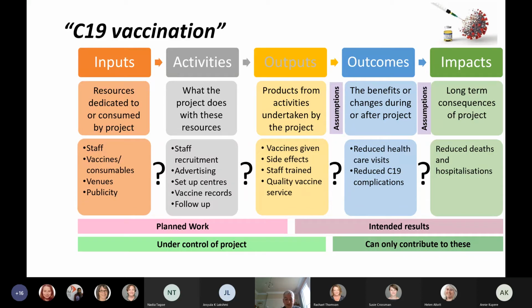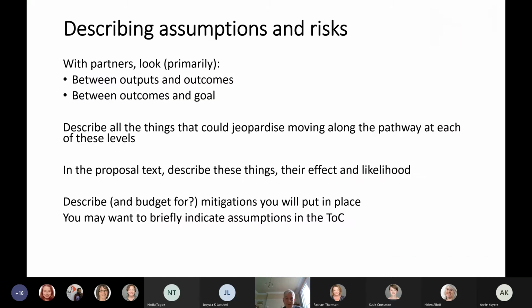So there are some assumptions, and I mentioned this earlier. Let's talk a little bit about assumptions. It's really important to think about assumptions, because nobody's project goes right. A lot of things are out of your control, particularly if it's a big project over 4 or 5 years with many partners in different sites.